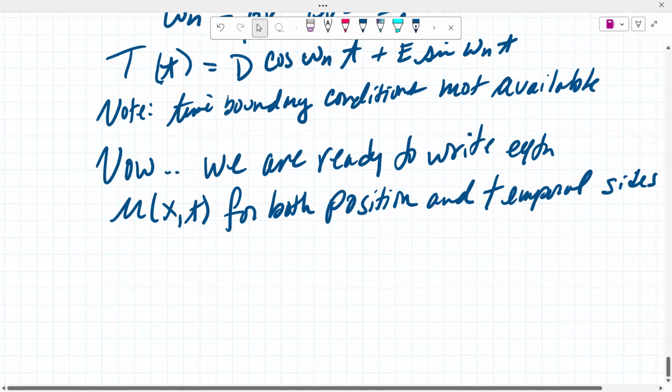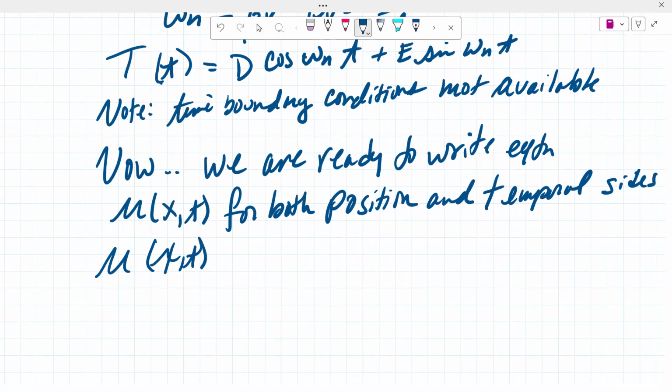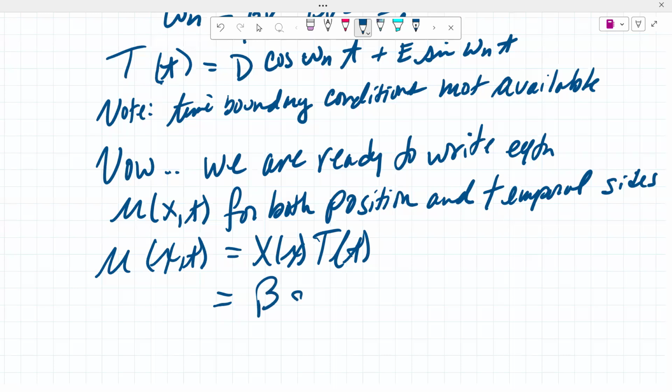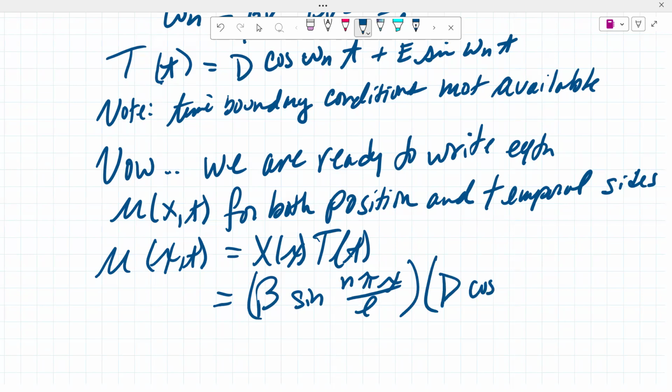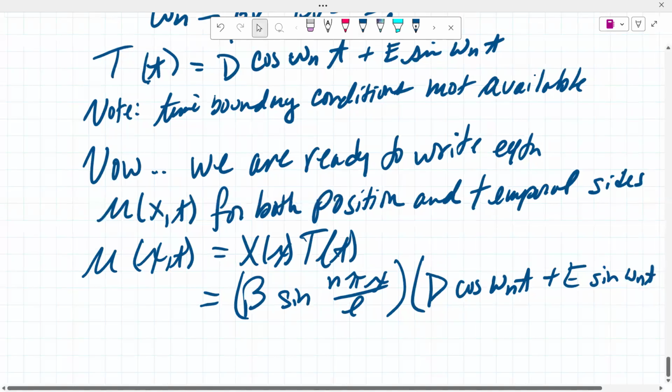So u of x and t equals X of x, T of t, equals b sine n pi x over L times d cosine omega sub n t plus e sine omega sub n t. Oops.